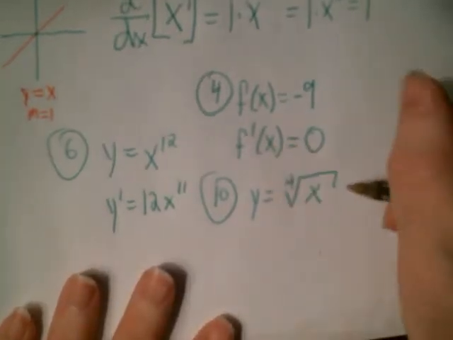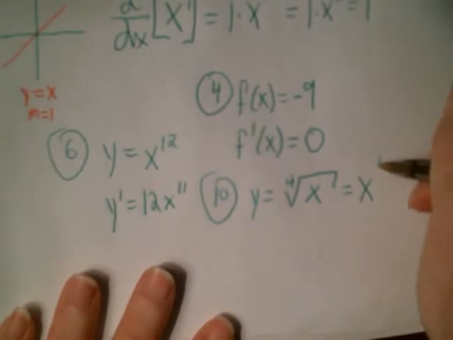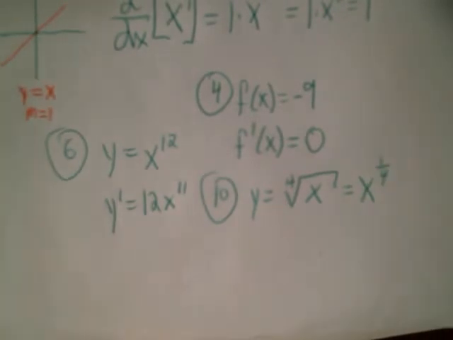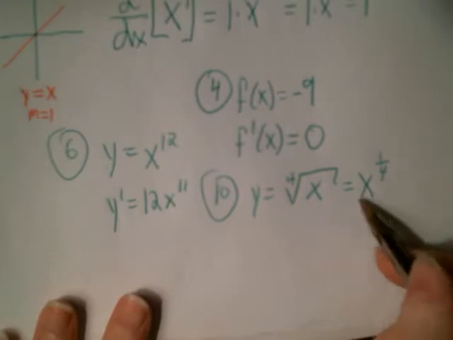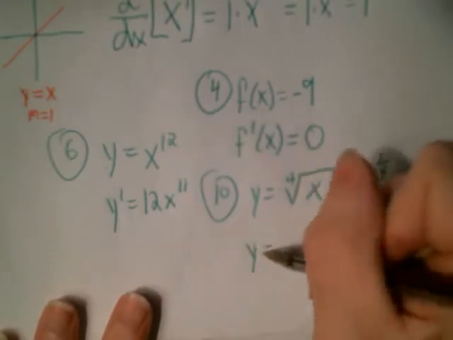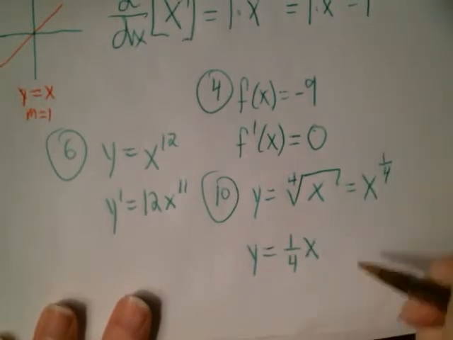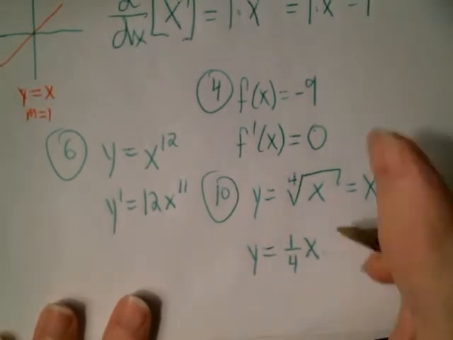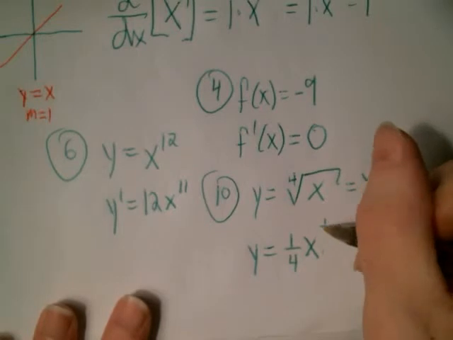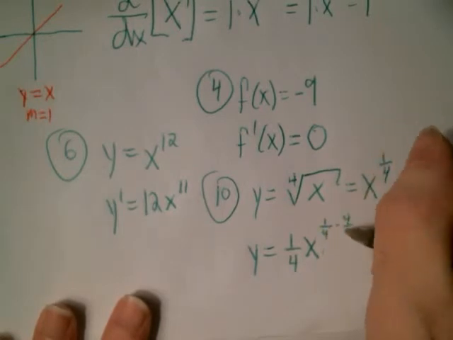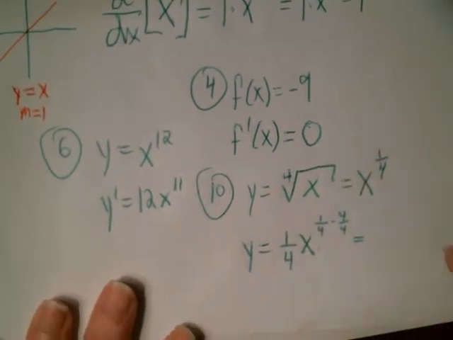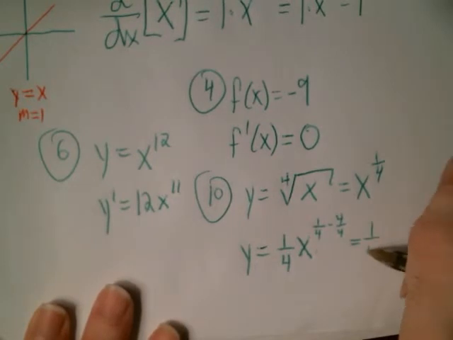Anyways, what I'll do is convert this into x to the 1/4, and that makes the mechanics a lot easier. So you bring down the 1/4, and then you subtract 1 from 1/4. So that would be 1/4 minus 4/4, and of course, that's just -3/4.